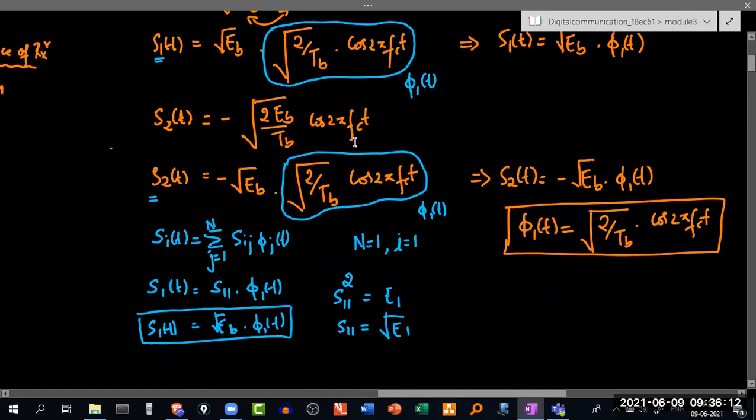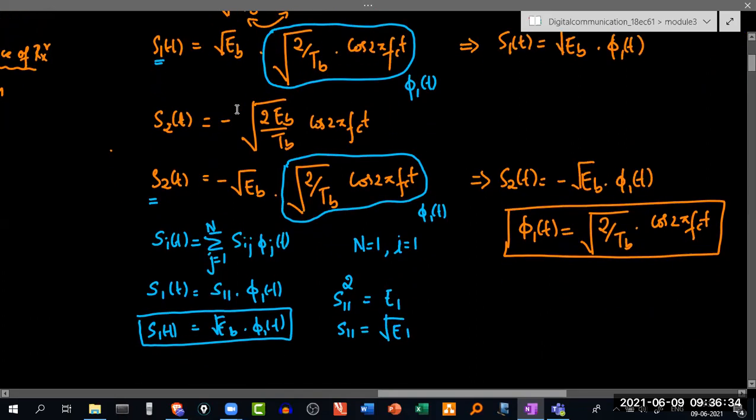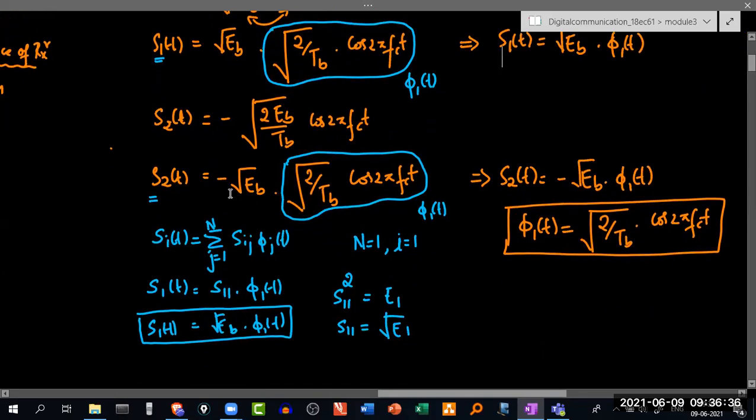In a similar way, I can employ the same scheme for the other signal S2 of t, where this part can be thought of as our basis function, whereas this can be thought of as the amplitude part or the coefficient part. So here S11 is equal to square root of EB and S21 is equal to minus square root of EB.